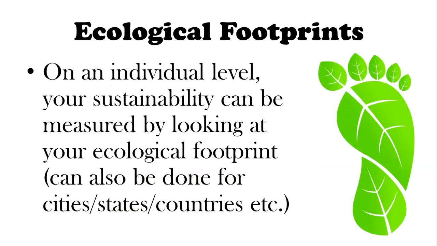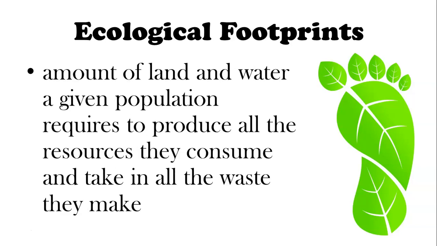One way that we can determine whether or not a person or city, state, or a country is living sustainably is by looking at something that we call the ecological footprint. So this is how much land or water a given population requires to produce all the resources they consume and take in all the waste that they produce.